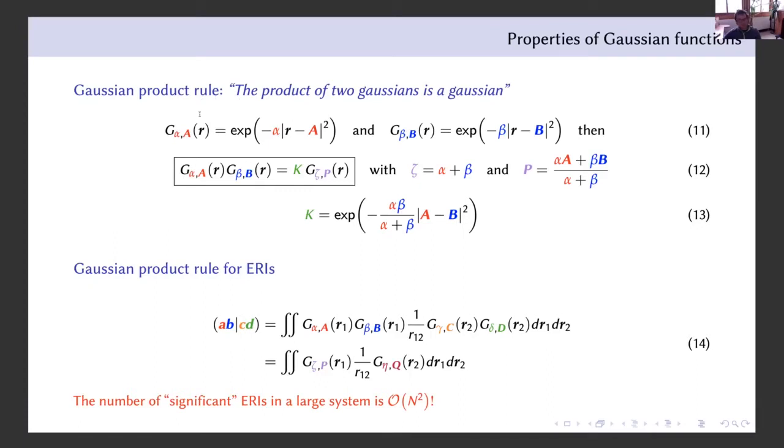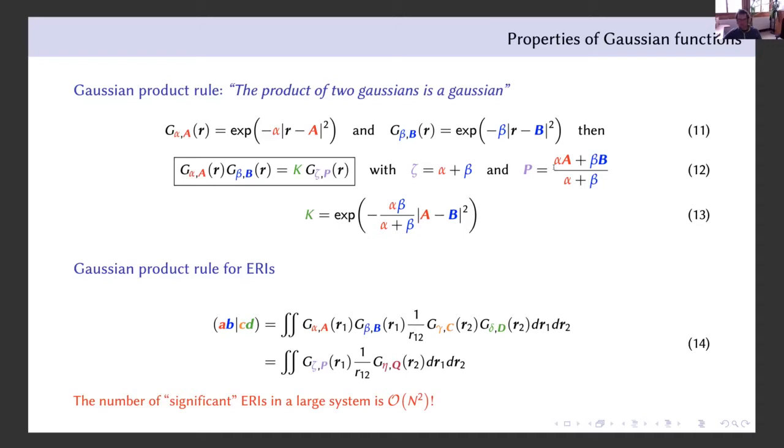If you take an S-type Gaussian function with an exponent alpha and a center A, and you take the same one with an exponent beta and a center B, and you do the product of them for the same variable r, that's important, r here, r there, you can show that you can write that product as a Gaussian function with an exponent zeta, which is the sum of the two exponents, and a center P, which is just the center of mass of A and B, with weights given by the respective exponents of those two Gaussian functions.